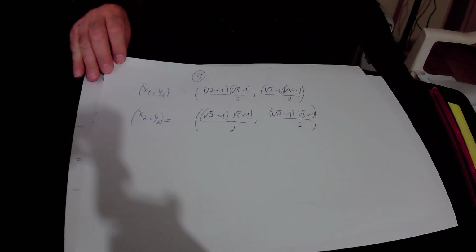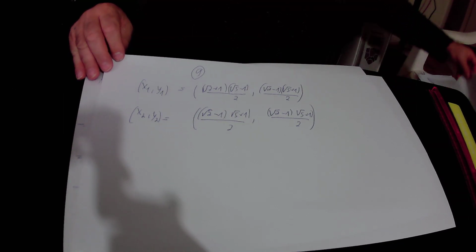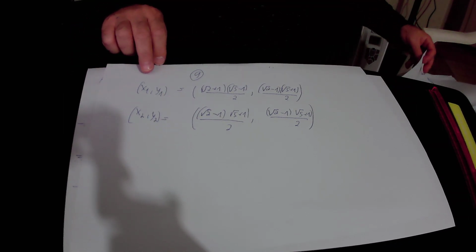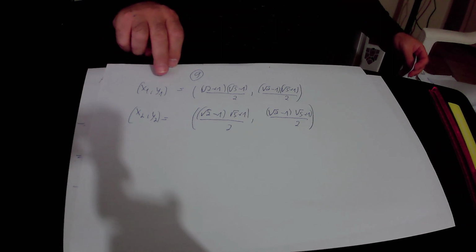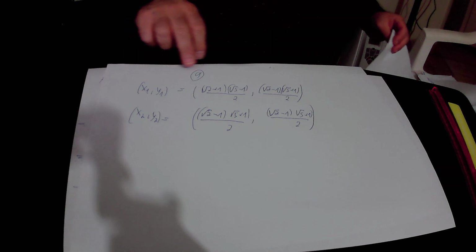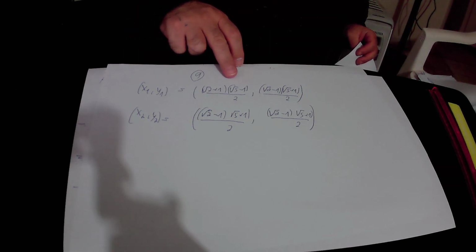The first solution for x and y is x equals x1 and y equals y1. x1 is square root of 2 plus 1 times square root of 5 minus 1 over 2.